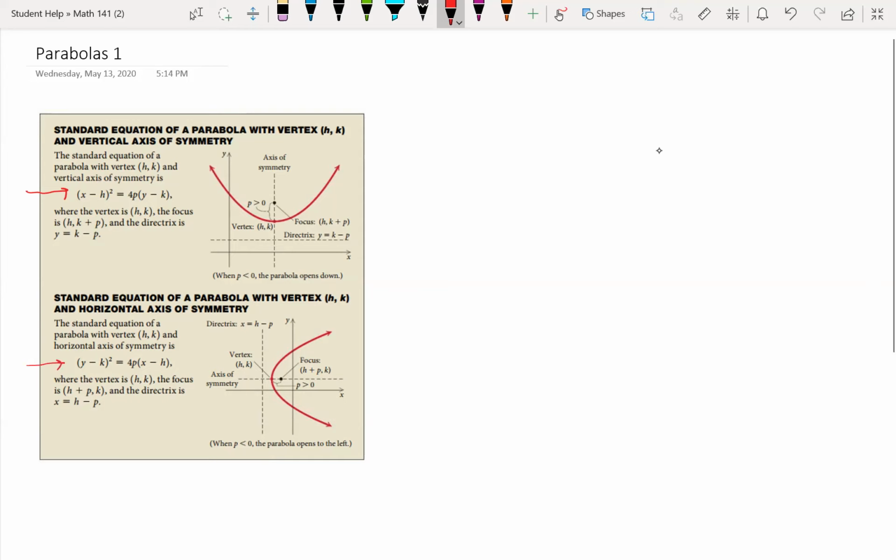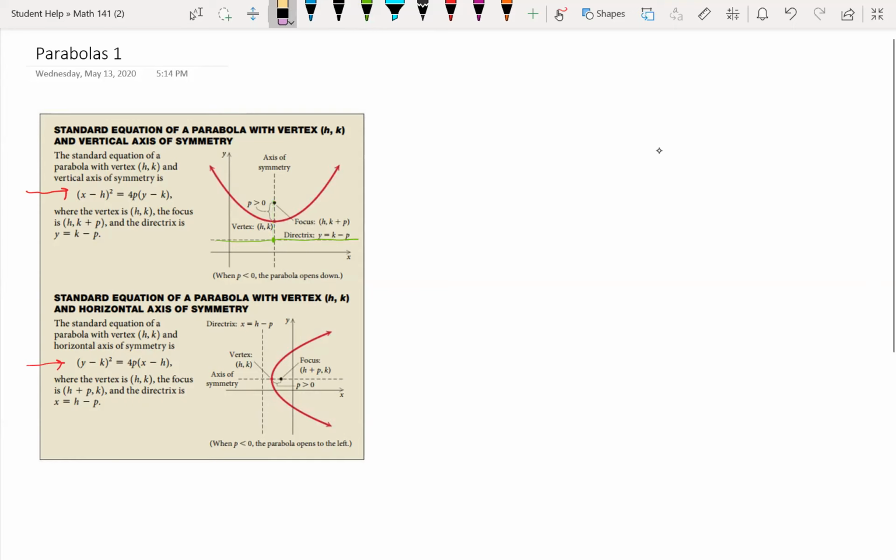And then those variables h, k that are being subtracted from x and from y, those end up being the vertex or the lowest point of the parabola. That value p is going to be the distance between the vertex and what's called the focus point, and then also between the vertex and what's called the directrix, this line.